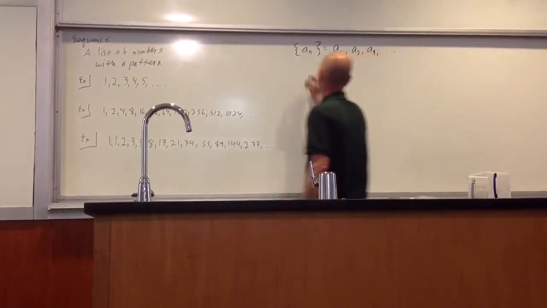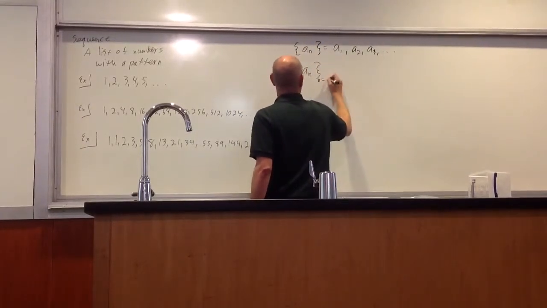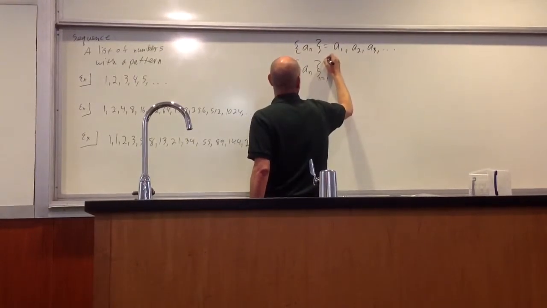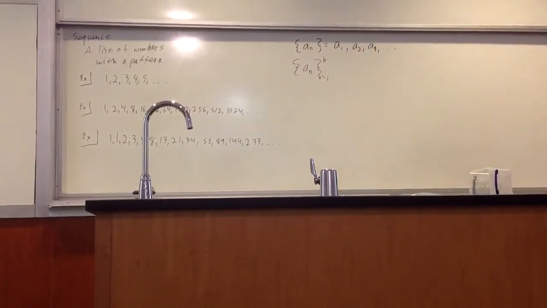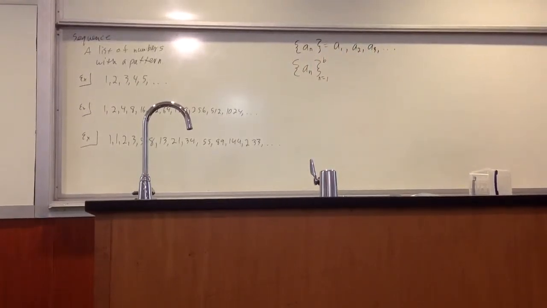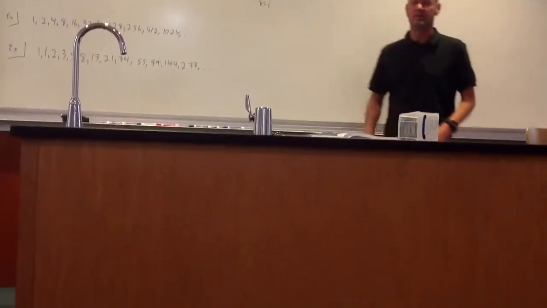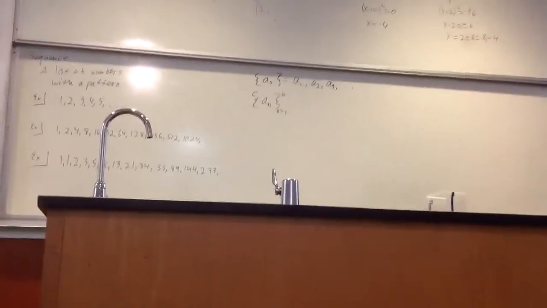Another way that we could write a sequence may look like this. Let's do B. Or B is an integer. No, I should say B is a counting number. It's possible n starts at 0. Very rarely have I seen n start at a negative number.